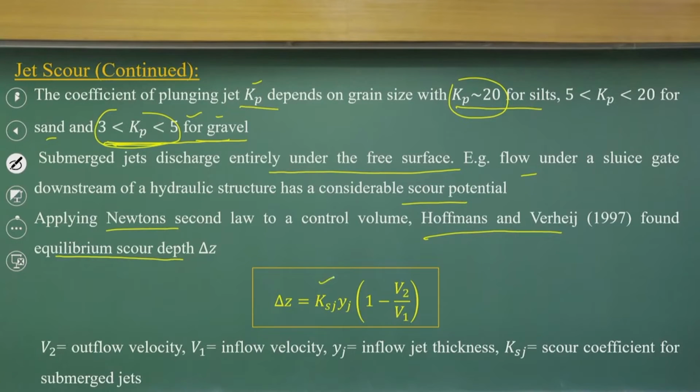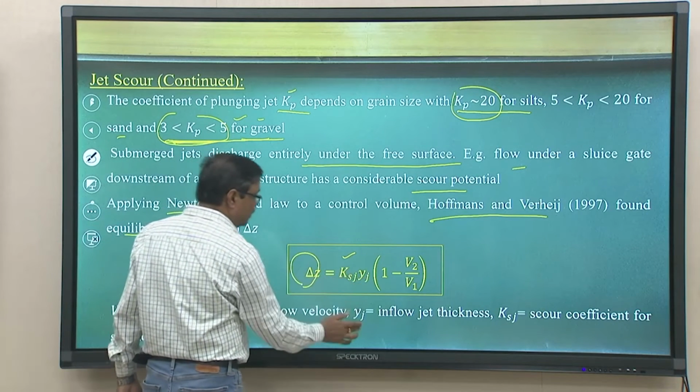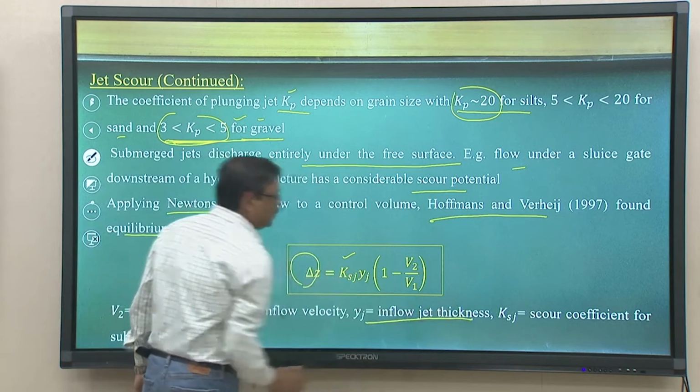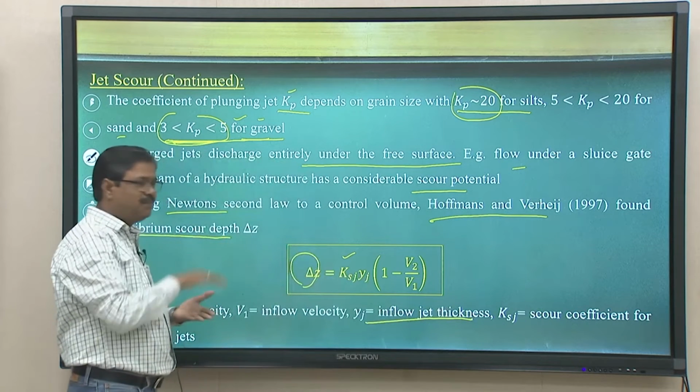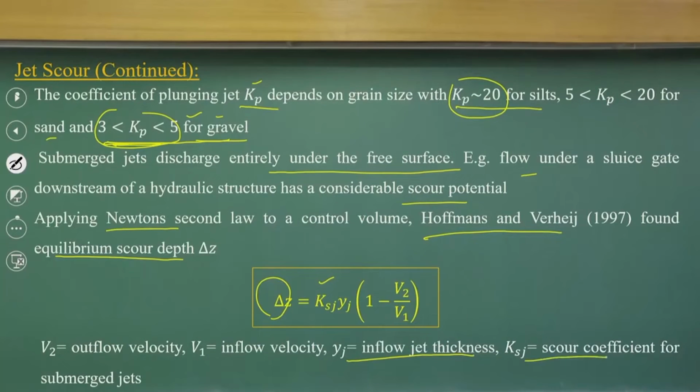It has been found that delta z is a function of yj, the inflow jet thickness, depth, ks j is a scouring coefficient, again it depends upon the bed material characteristics, and V1, V2 are inflow and outflow velocity respectively.